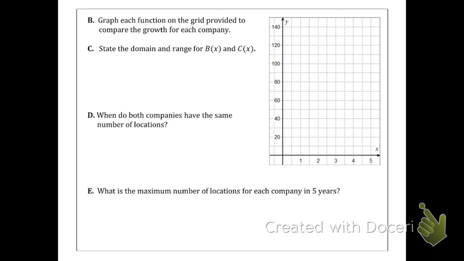All right, B says compare each function on the grid provided to compare the growth of each company. So it wants us to plot these points. So let's see, for Big Tech, we had 0 and 25.